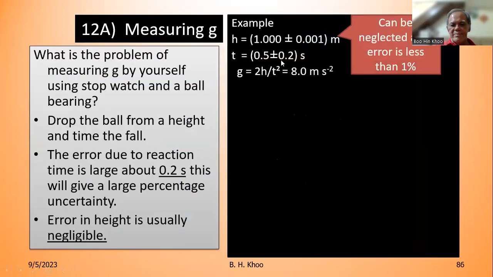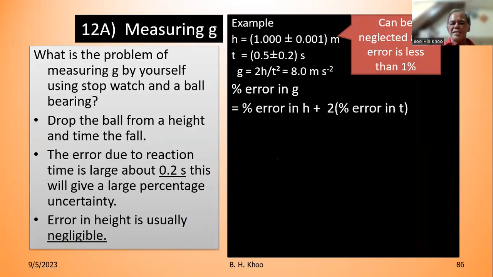Okay, so calculation. Usually we'll neglect the error in height because it is too small. No point in calculating, it won't show up in the calculation. So percentage error in g equals percentage error in h, plus 2 times percentage error in t, because of that power 2. 2 is a constant, so it doesn't have uncertainty.